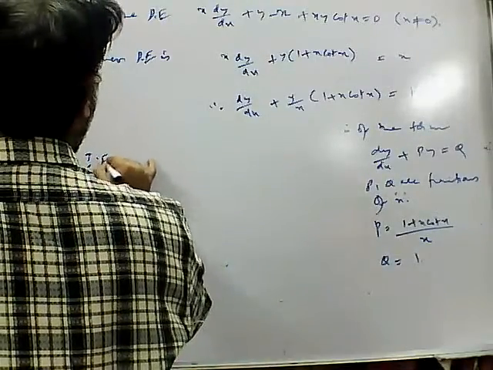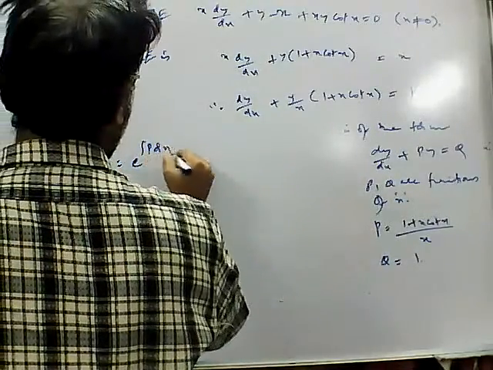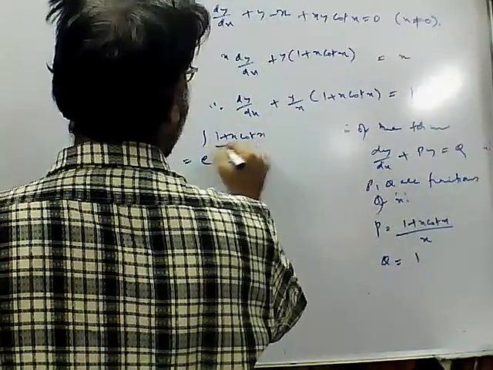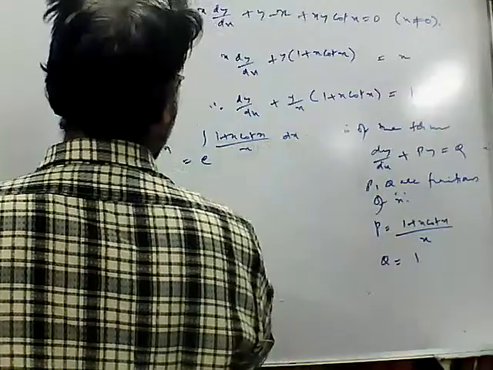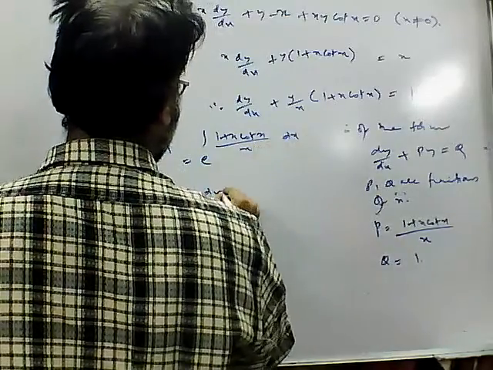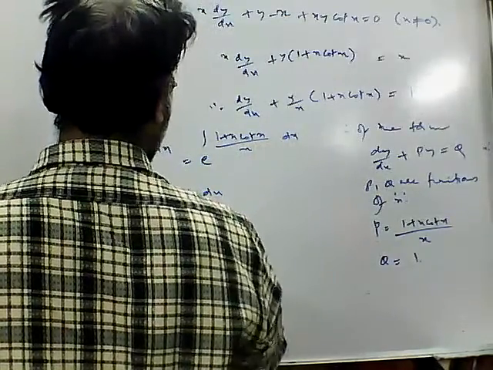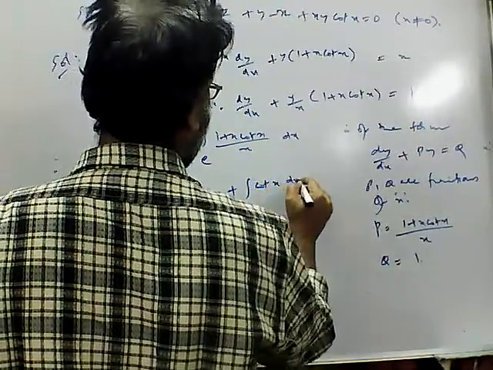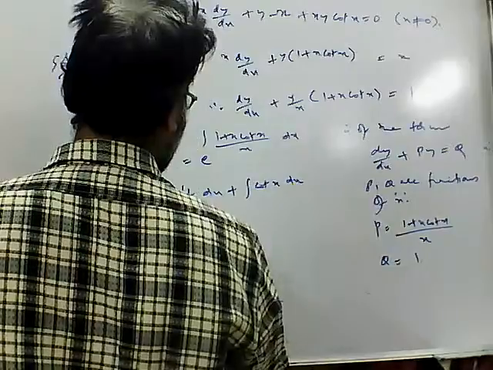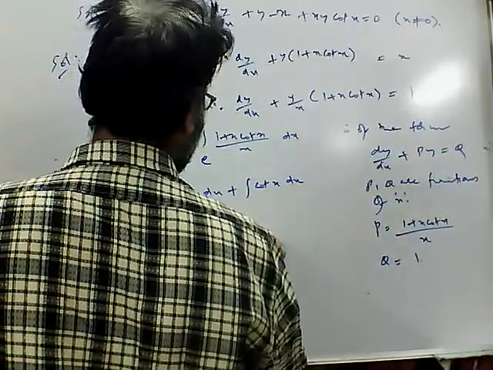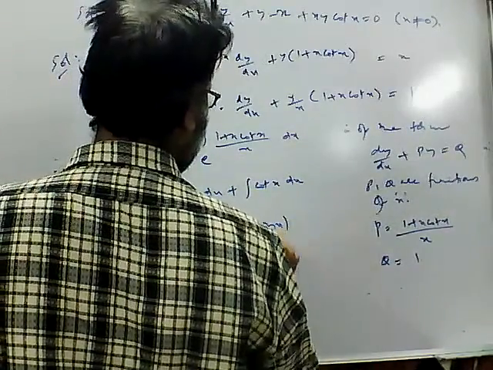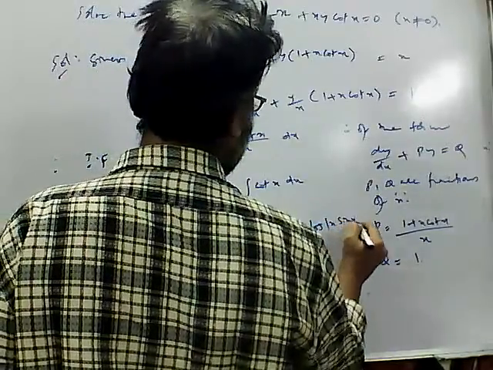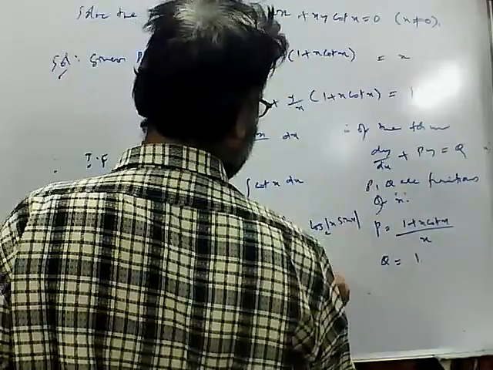Therefore, IF is equal to e^(∫P dx), which is e^(∫(1 + x cot x)/x dx), equal to e^(∫1/x dx + ∫cot x dx), which is e^(log x + log sin x), that is equal to e^(log x sin x), which is equal to x sin x.